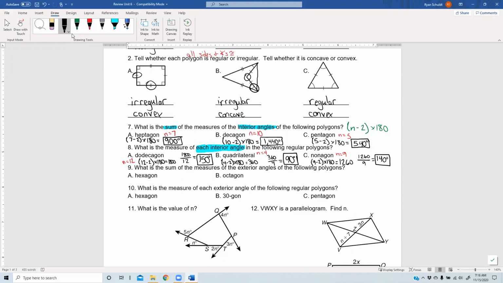So that's each interior angle. Find the total, divide by how many sides. That's all you got to do.